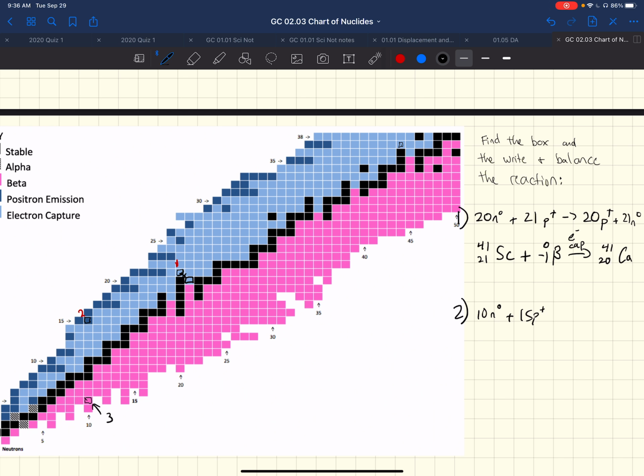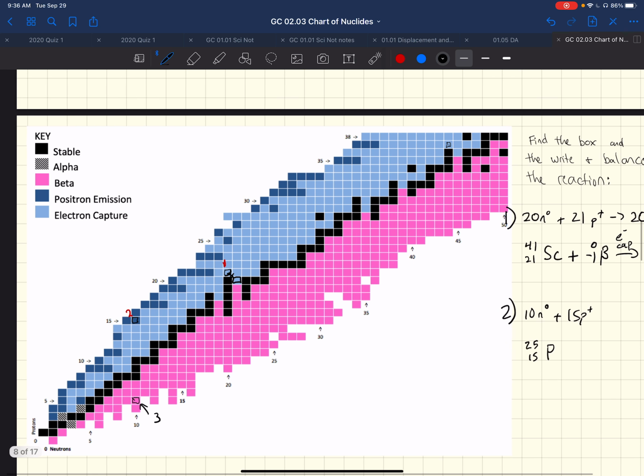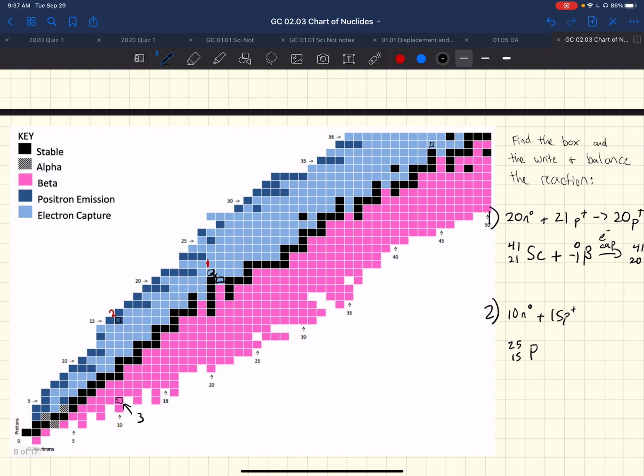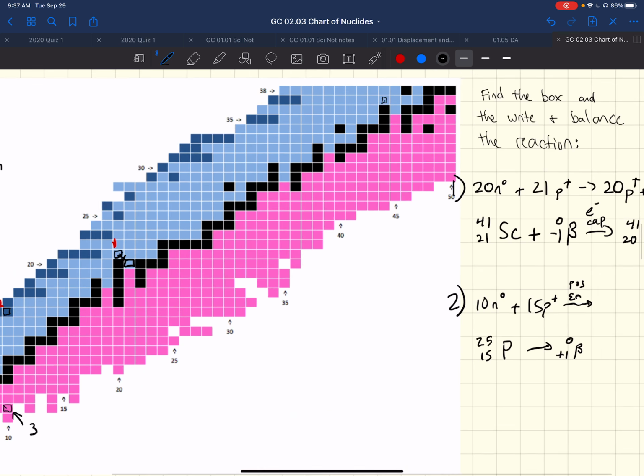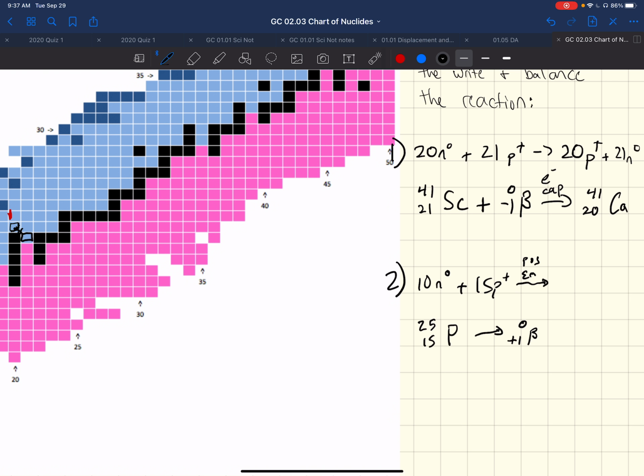That gives me 25 over 15, and that is a phosphorus. When I look at this, this is going to do a positron emission. So maybe I'll even go the other way. This is going to be a 0 over plus 1 beta particle plus 14 and 25, and that will be silicon.